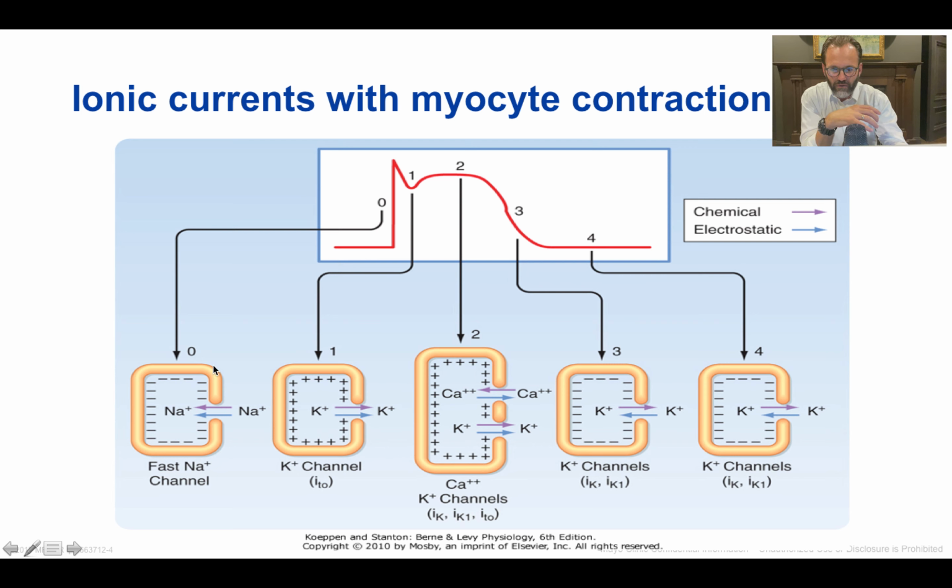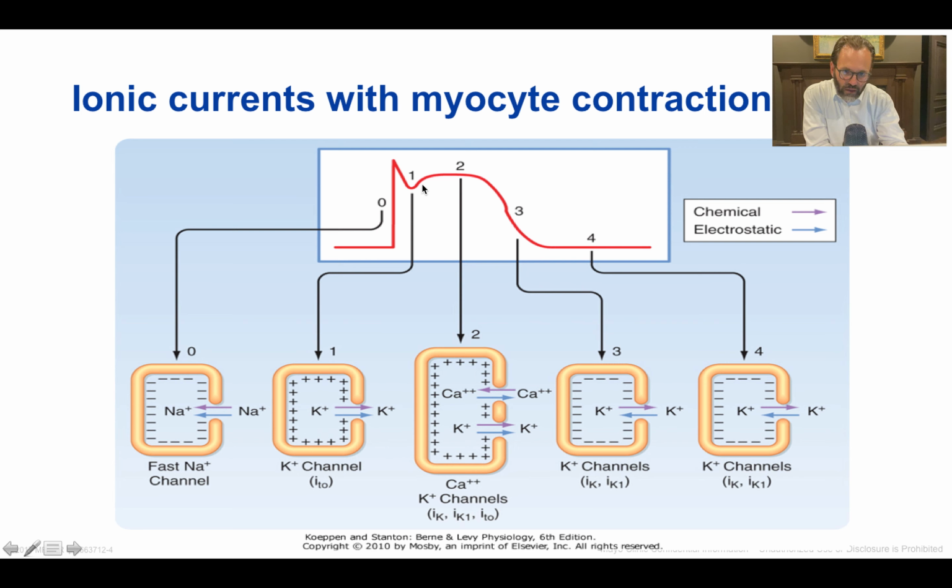And so you can see here in phase 0, and we're looking at the electrochemical gradient, that at the initial very rapid upslope of this cardiomyocyte action potential, we have a very robust influx of sodium during this phase, which is largely driven by the opening of sodium channels once the threshold potential is reached, and a very large electrochemical gradient, which is driving sodium into the cell.